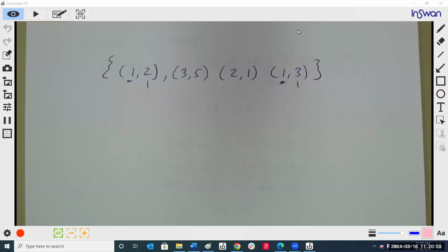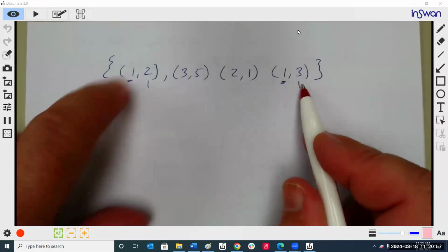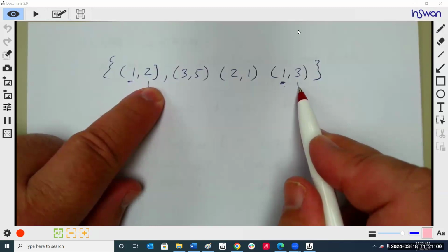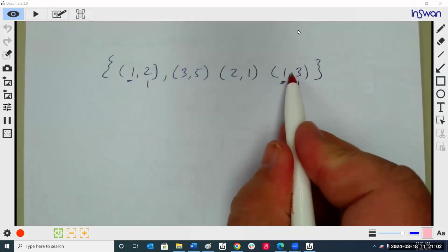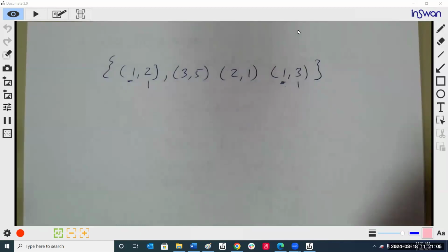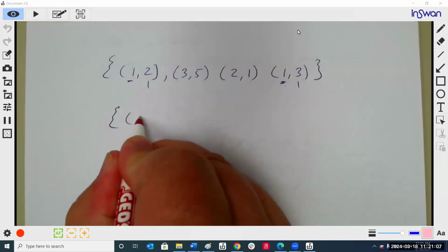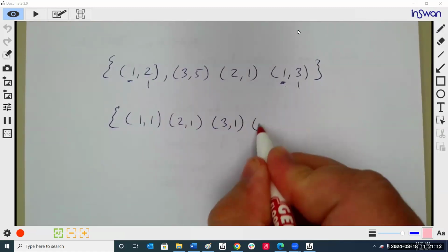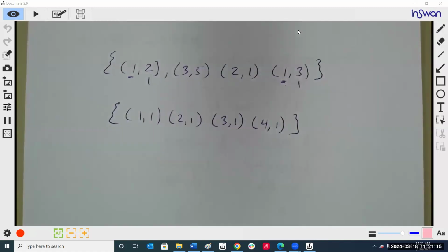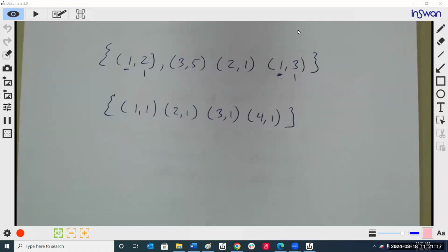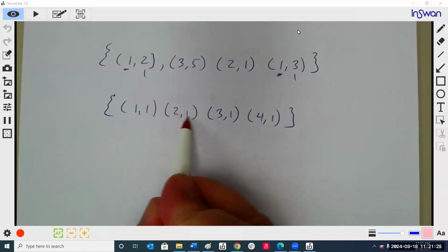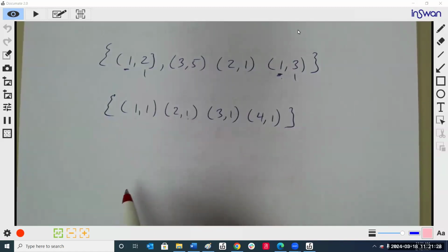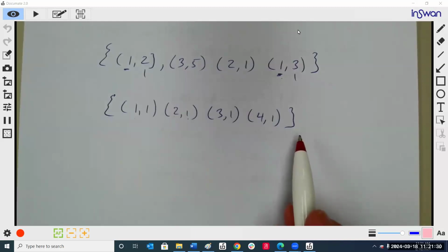It's not one-to-one. If you have all different X's, then it's automatically one-to-one. In other words, I can have a set that looks like this. Is that one-to-one? Yes, it is, because for each X, it points to one and only one Y value. There are no duplicate X's.